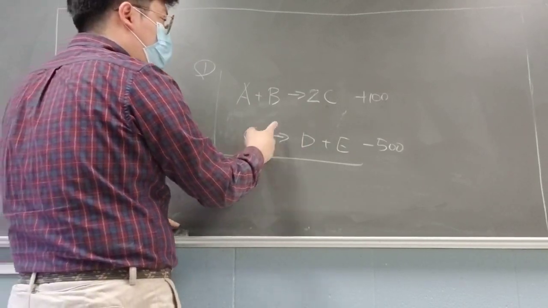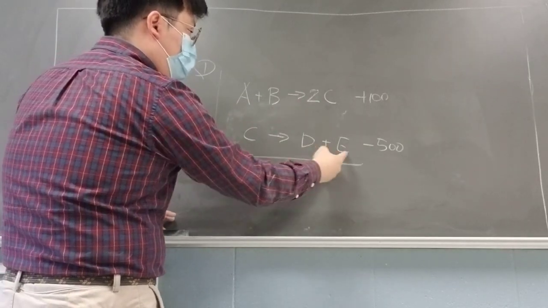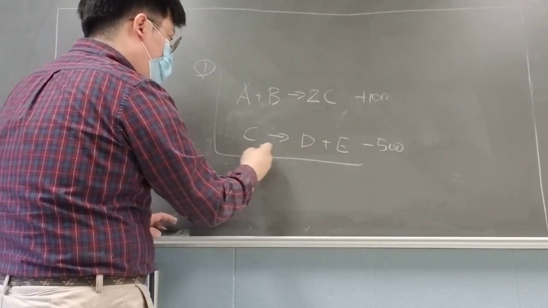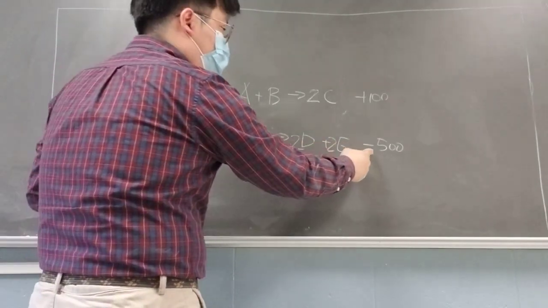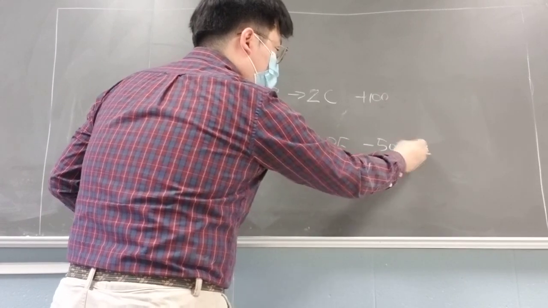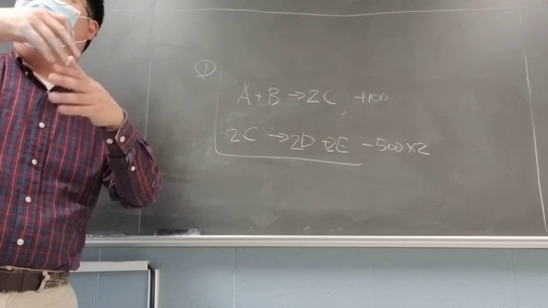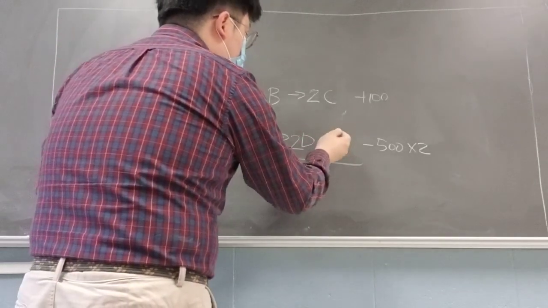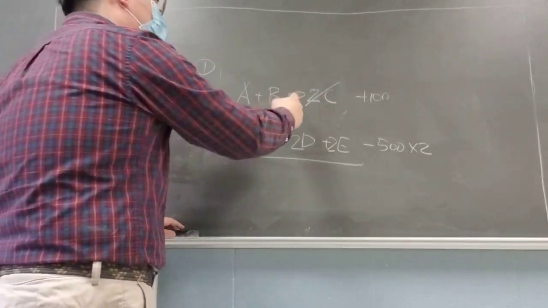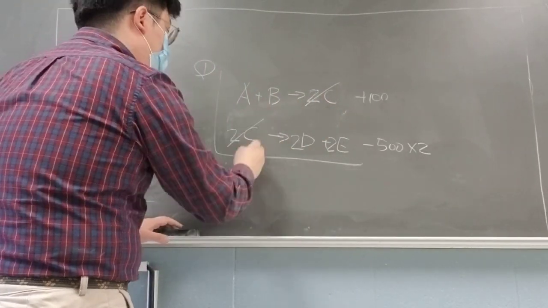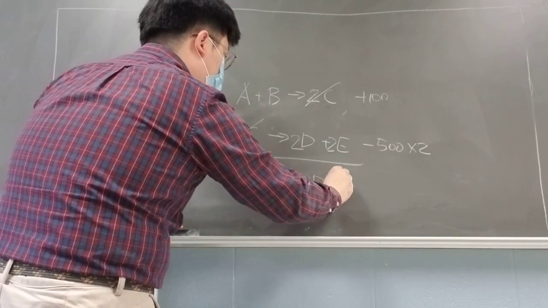So to simplify, what you can do is double this one, so double on the left and right, so 2, 2, 2. Then make sure you also double that enthalpy change, because it's a double. More molecules will make more enthalpy change. Now when you combine, you can cancel them, so in the final equation, you get A plus B becomes 2D and 2E.